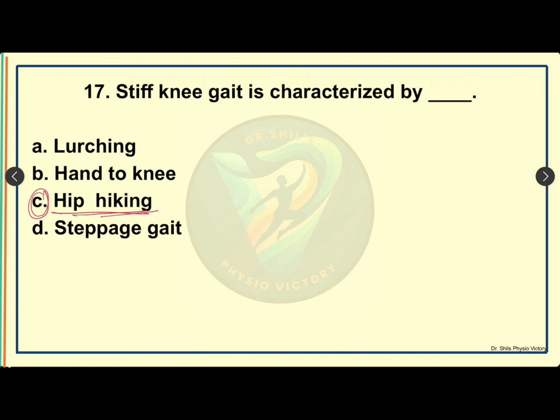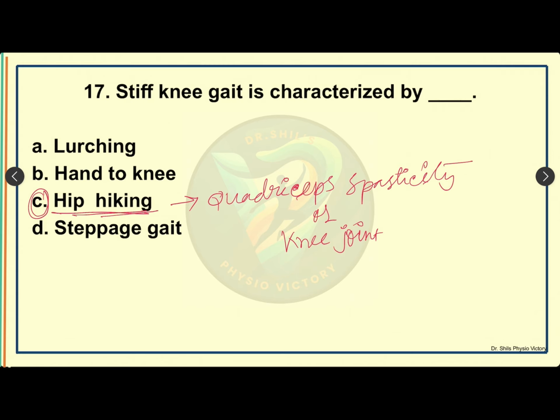Stiff knee gait occurs when knee flexion during swing phase is limited due to quadricep spasticity or knee joint stiffness.